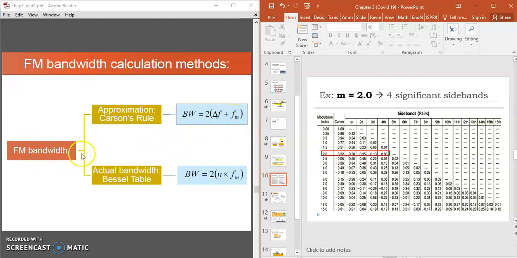The actual FM bandwidth using the Bessel table is 2 times N. What is N? For example, if M equals 2, how many? 1, 2, 3, 4. So you put 4 here times the frequency of the information signal.